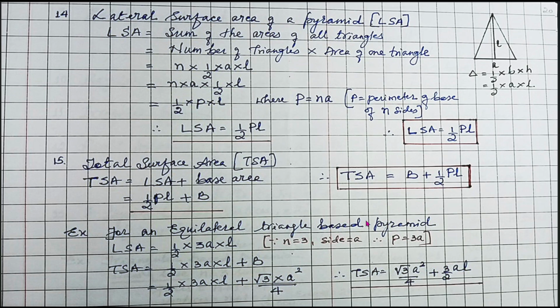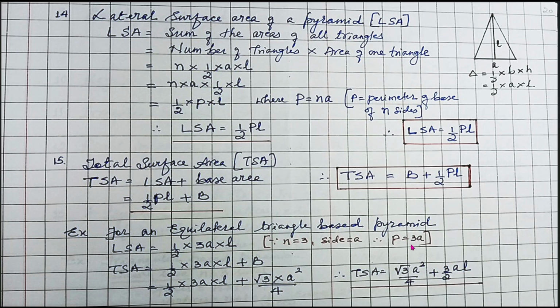Now, let us take an example. Let us consider an equilateral triangle based pyramid, where the side is a and n is the number of triangles which form the lateral surface.